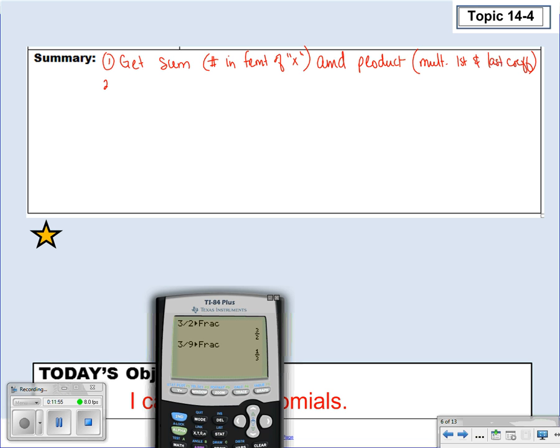Our second step we did was then we had to find the two numbers that added to the sum but multiplied to the product.